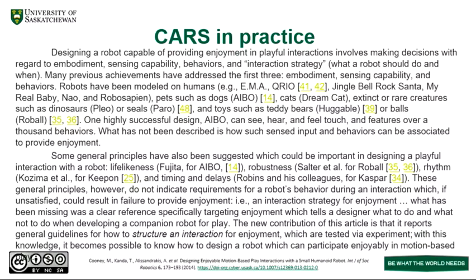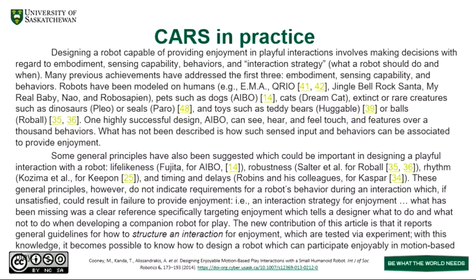Designing a robot capable of providing enjoyment and playful interactions involves making decisions with regard to embodiment, sensing capability, behaviors, and interaction strategy, what a robot should do and when. Many previous achievements have addressed the first three: embodiment, sensing capability, and behaviors.